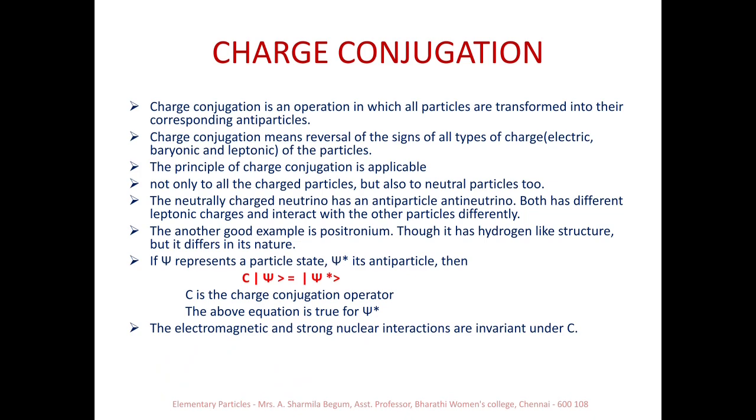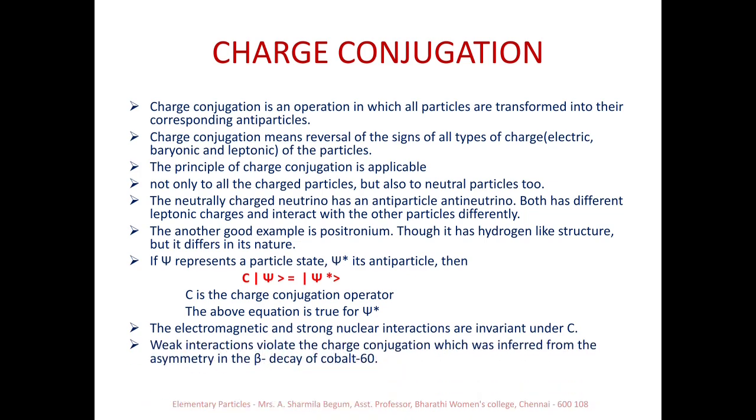The electromagnetic and strong nuclear interactions are invariant under charge conjugation. Only the weak interaction was found to violate charge conjugation, which was inferred from the asymmetry in the beta decay of cobalt-60.